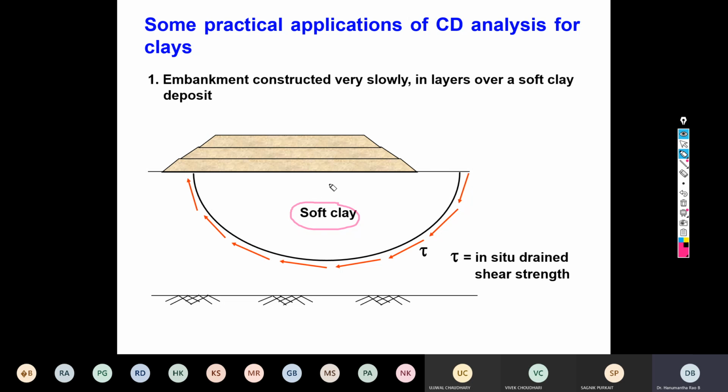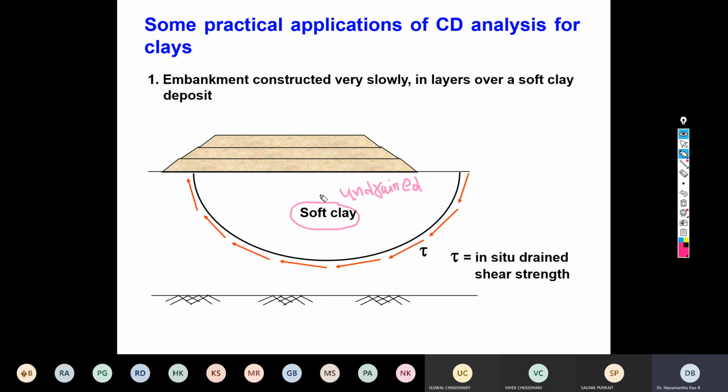Now, initially, before applying the surcharge load, the condition of the soft soil is undrained. What do you mean by undrained? In the undrained condition, the load is shared by both the soil particles as well as the water.